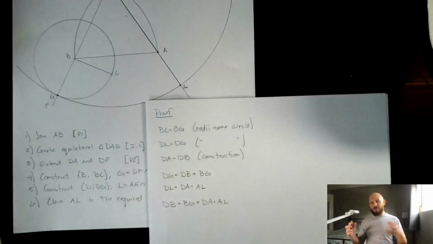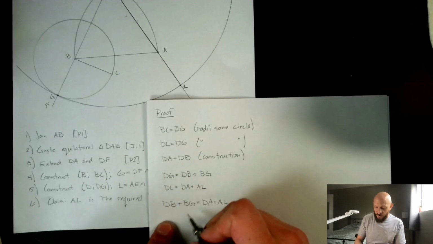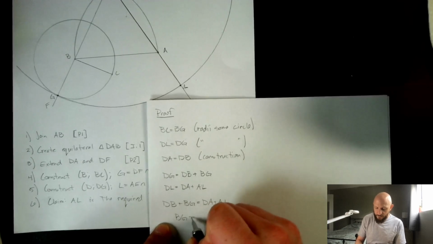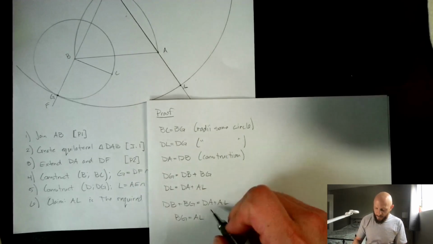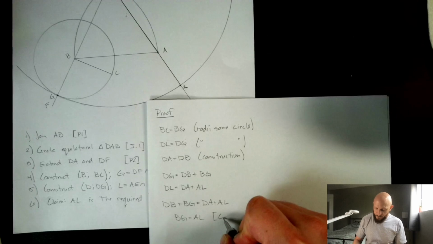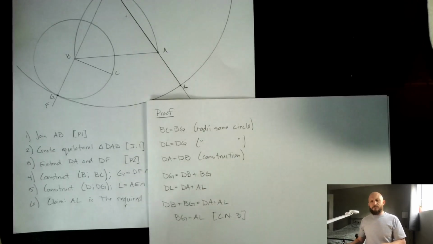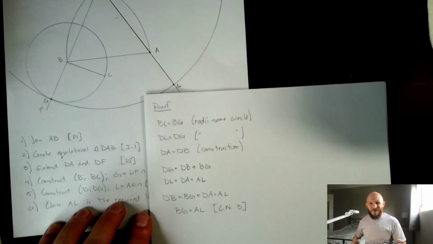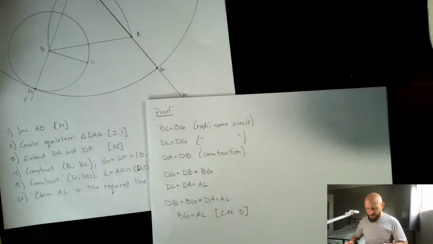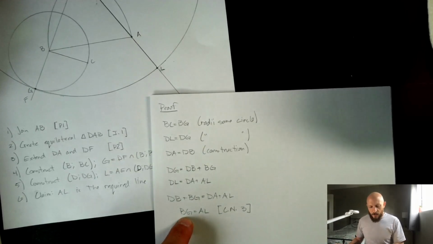So you can think of it as subtracting those off, right? DB and DA are equal to each other, so we can subtract those off, which leaves that BG equals AL. And this comes from common notion 3, which says that if equals be subtracted from equals, the remainders are equal, which is saying exactly this. So BG equals AL. All right, great.